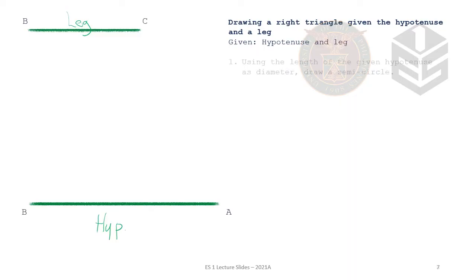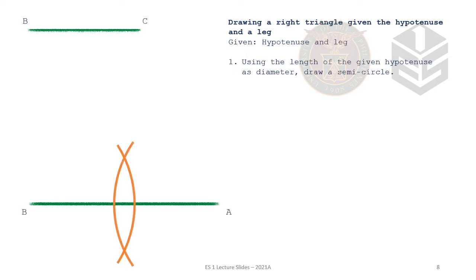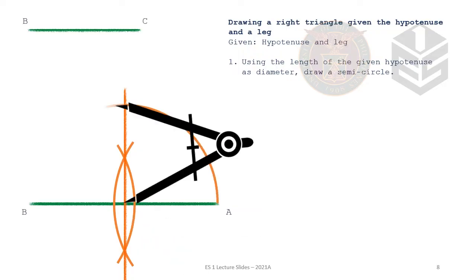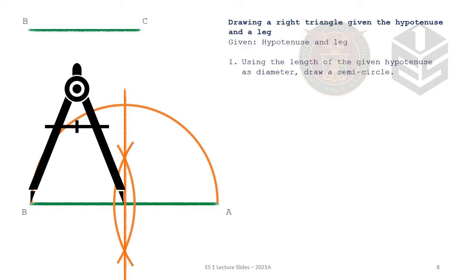Knowing that the hypotenuse is the diameter of a semicircle, okay, we can draw a semicircle by bisecting line AB. So we have the center known, and we can strike an arc to form our semicircle.